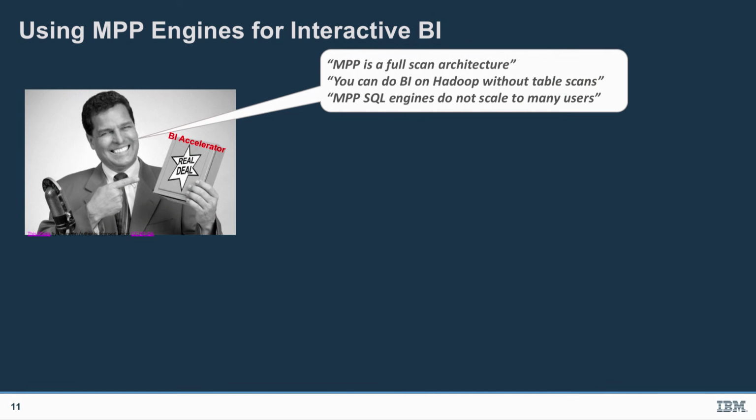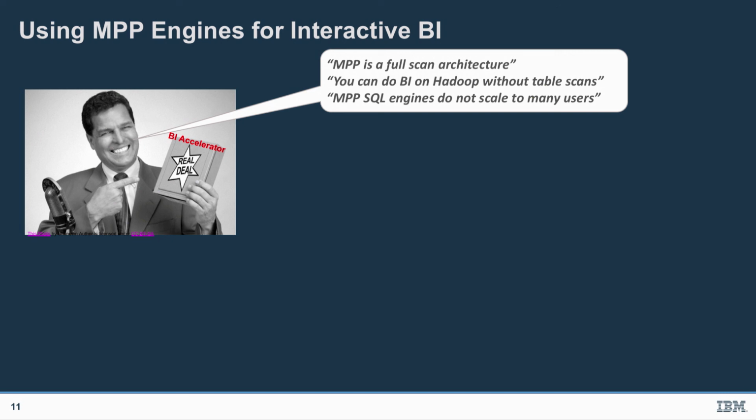This slide is about clearing up some misconceptions around MPP engines on Hadoop. So you may hear claims that being MPP makes an engine unsuitable for interactive BI because it's parallel, and parallel architectures are for scanning, which is not a right perception.